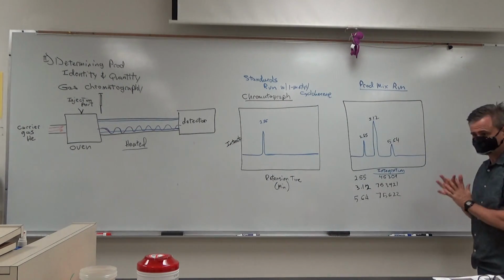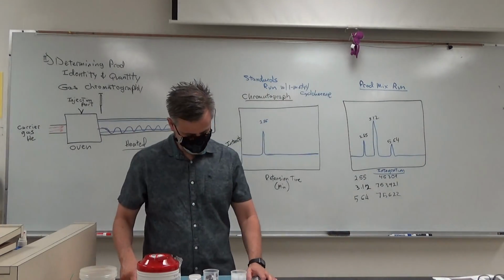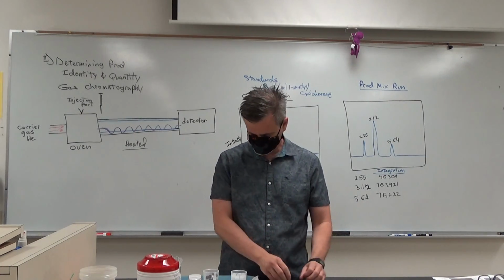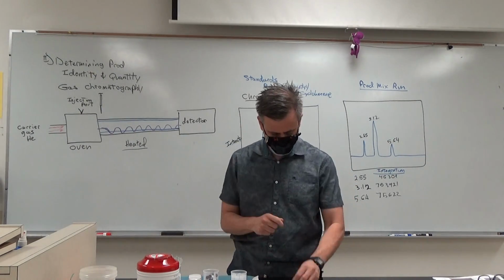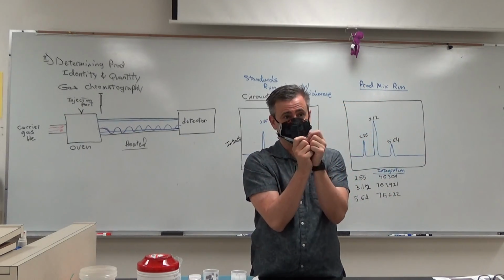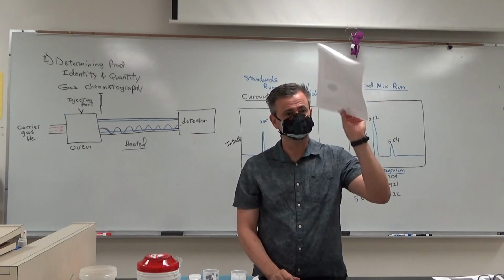I want to talk about how you're going to prepare your samples. I have procedures if you don't have them. You're going to start out by putting 90 microliters of acetone in here, and it's all on this procedure.